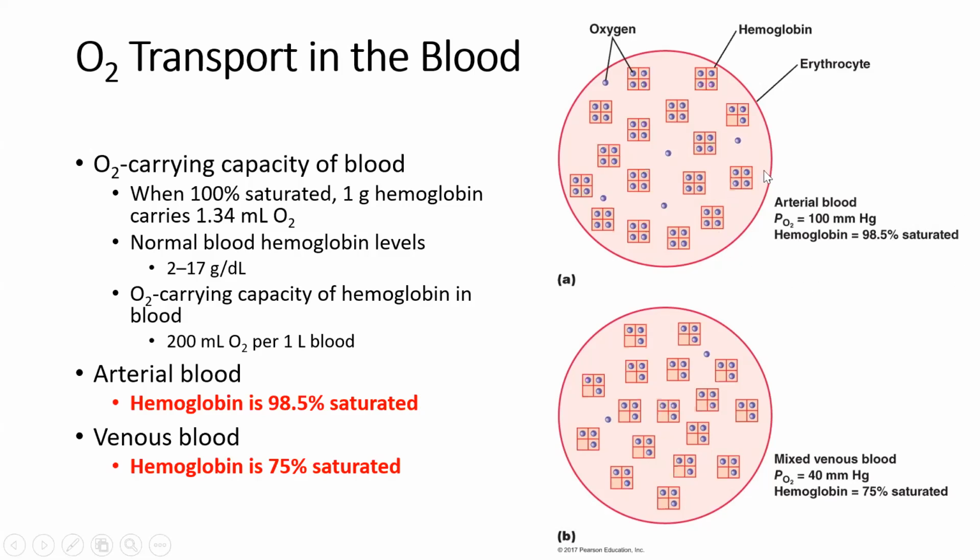And this is freshly oxygenated blood that is moving through the arterial side of our vasculature. And we can compare that to the state of hemoglobin when it is 75% saturated. This reflects a partial pressure of oxygen of 40 millimeters of mercury, which is our lowest recording for the partial pressure of oxygen, which is found in our mixed venous blood. In other words, that deoxygenated blood that's going back to the right side of the heart.